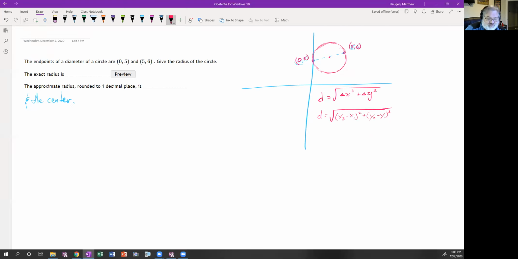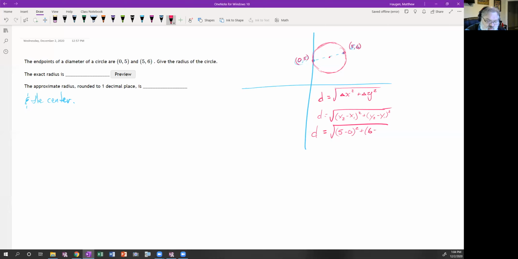Hopefully you recognize this as essentially another version of Pythagorean theorem, right? Just with the square root moved over. Either way, we've got change in x, so 5 minus 0 squared plus 5 minus 0 and 6 minus 5.